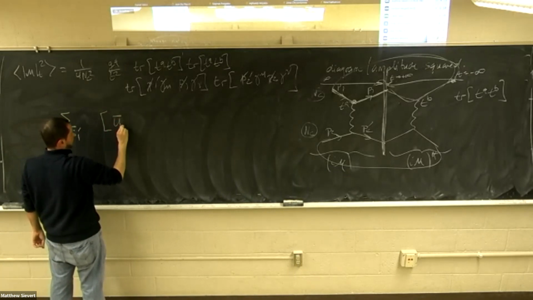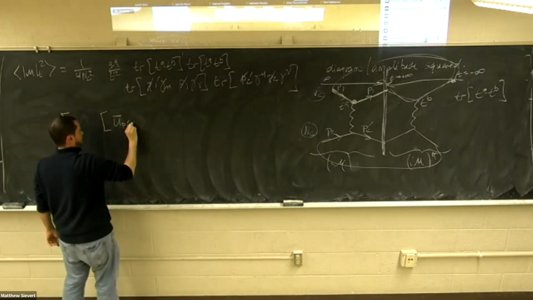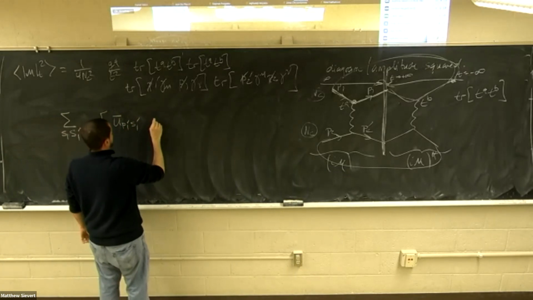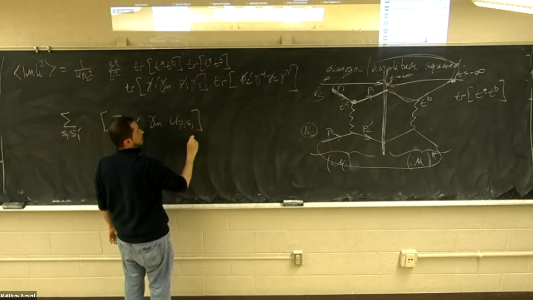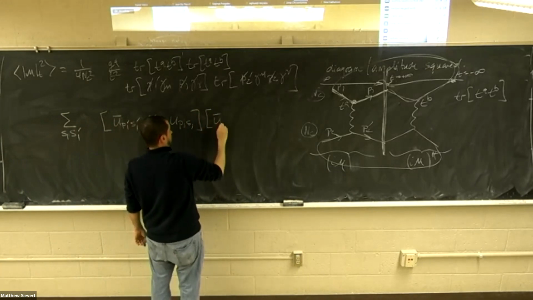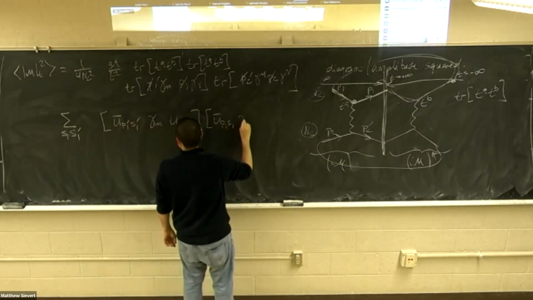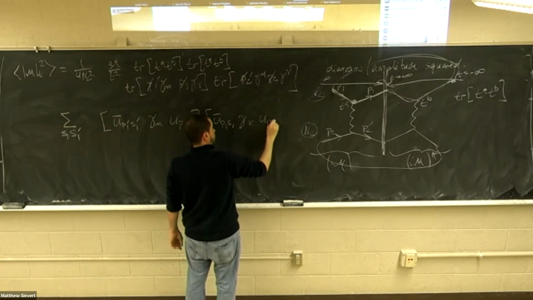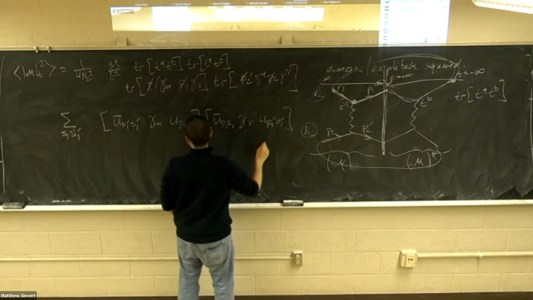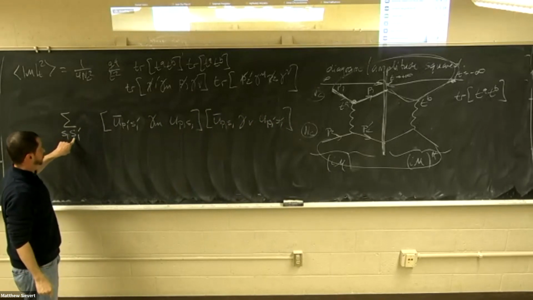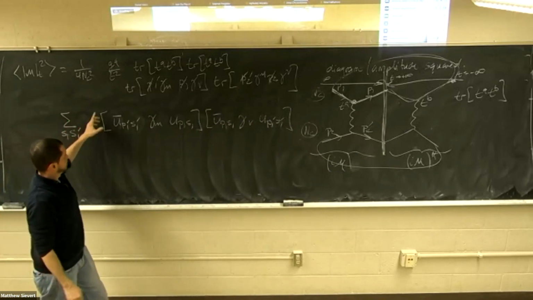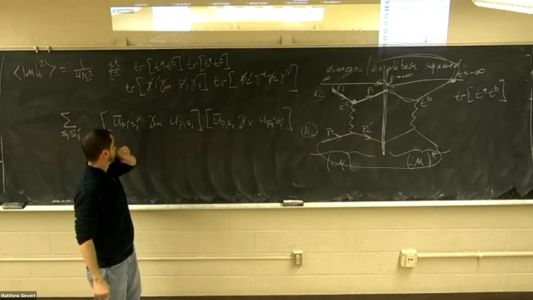The first is u bar of p1' s1', then gamma mu, u of p1 s1. And then another u bar p1 s1, gamma mu, u p1' s1'. So there are 2 independent sums going on, s1 and s1 prime, and those 2 sums will couple to these things differently.